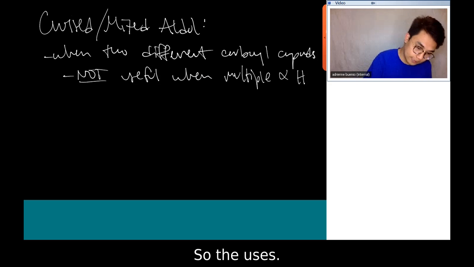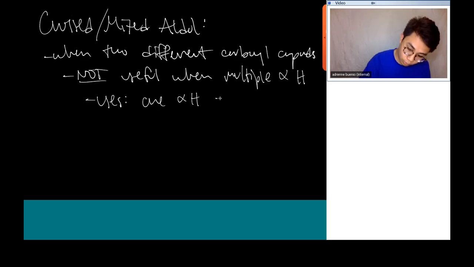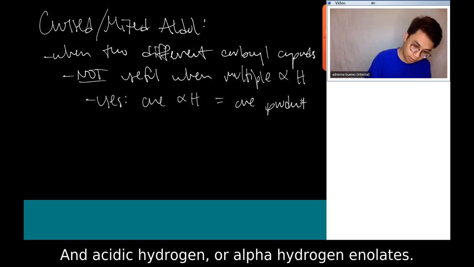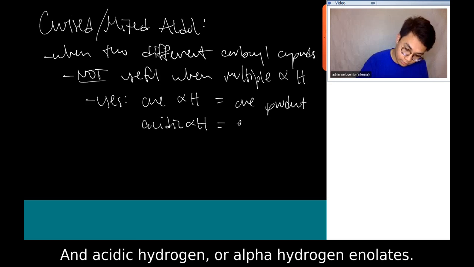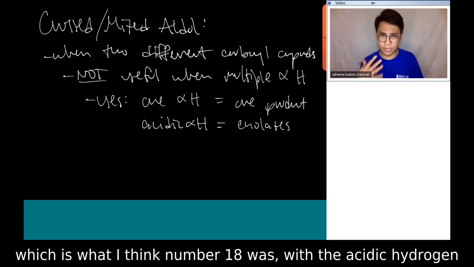So the uses: one alpha hydrogen equals one product, right? And the acidic hydrogen or alpha hydrogen, that's the one that's going to form the enolate, which is what I think number 18 was, right?